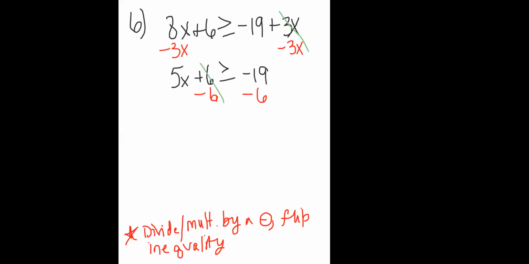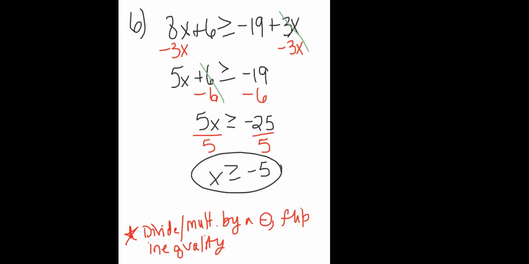The 6's cancel. You get 5x is greater than or equal to negative 25. And then we can divide by 5. And since we divided by a positive, it stays in the same direction. So you get x is greater than or equal to negative 5.